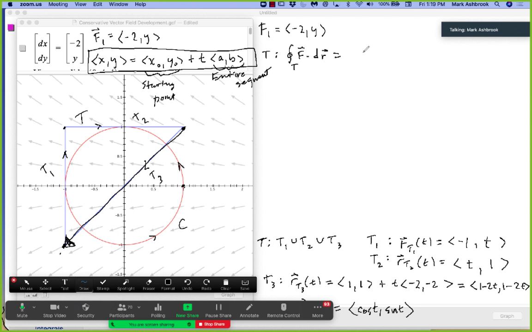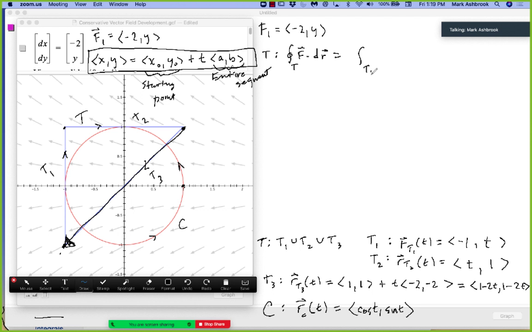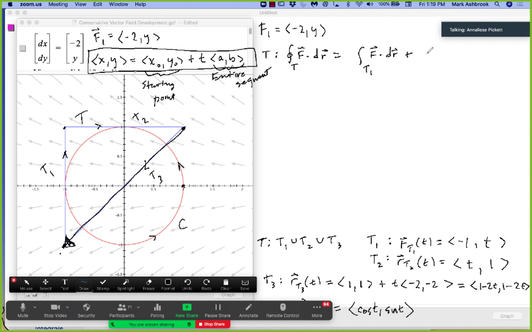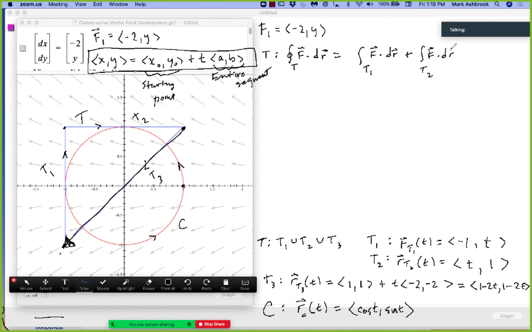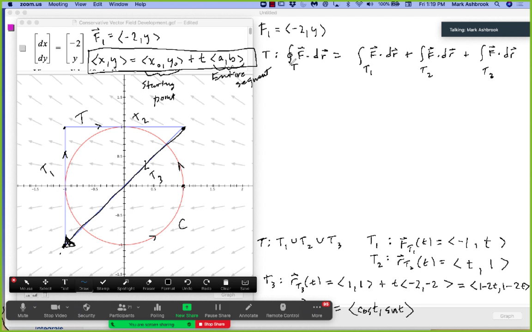Yeah, so we're gonna have to add the line integral for t1 plus the line integral for t2 plus the line integral for t3. Once we do those 3, then it'll be the circulation around t.